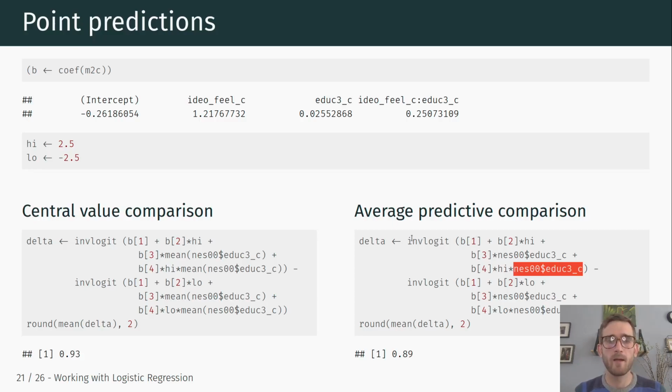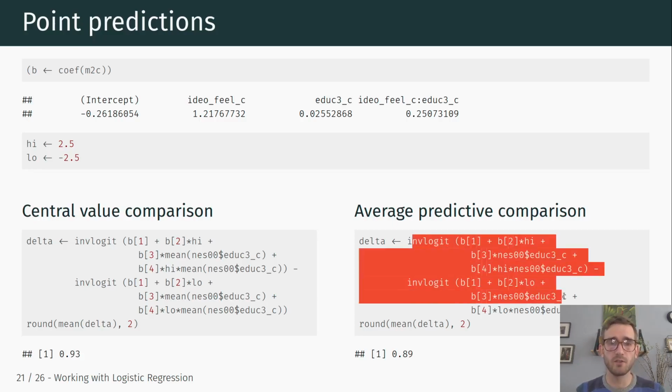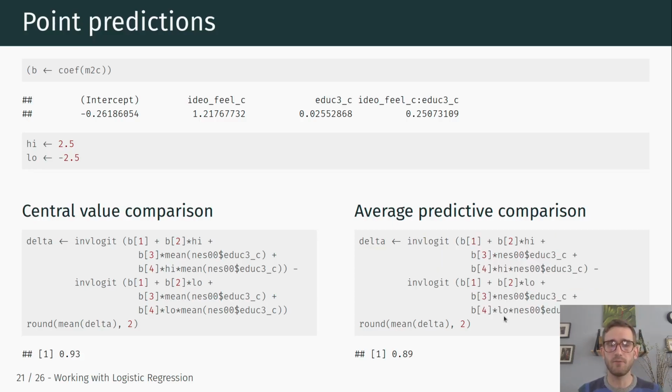And then we compute the difference in those predicted probabilities after plugging the linear predictor into our logit link function. And then we compute the mean across all those predicted probabilities. And the change now is 0.89. So it's slightly smaller than the change in predicted probabilities that we compute based on our central value comparison.